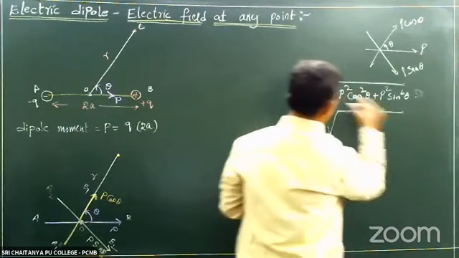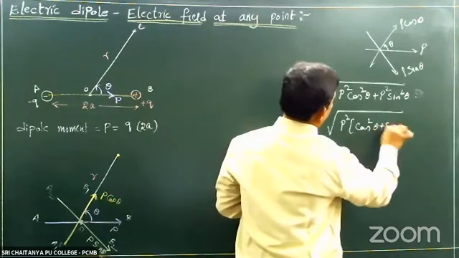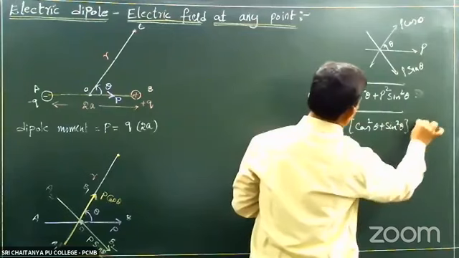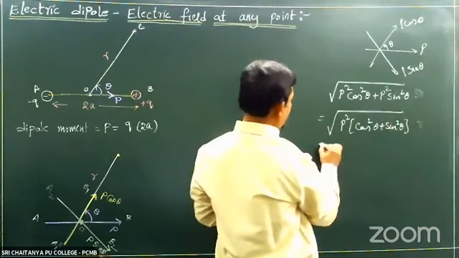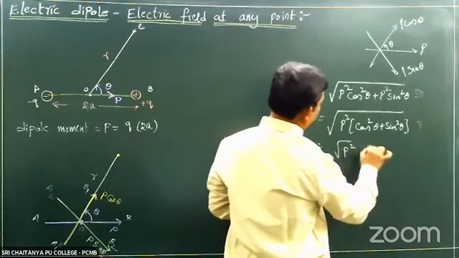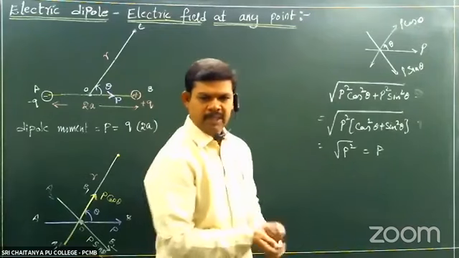See, P square common, cos square theta plus sin square theta. Here, cos square theta plus sin square theta is 1. This is P square. It results root over P square, which is equal to P.